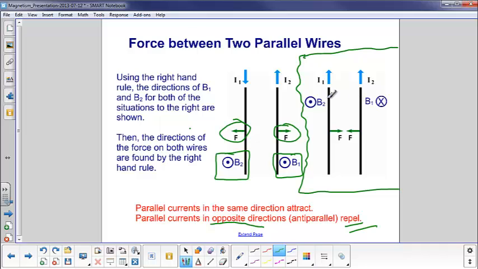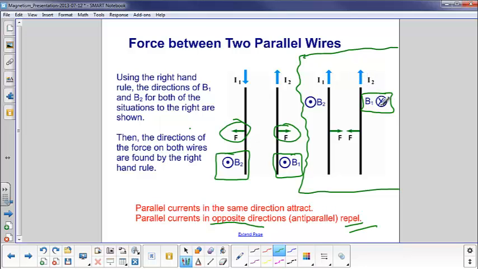Now you can look at when the two wires carry current in the same direction using the exact same analysis, where I'll just do this one a little quicker. I1 is generating a magnetic field over here that's into the board, which is B1. I now take I2 to find the force on it exerted by this magnetic field.